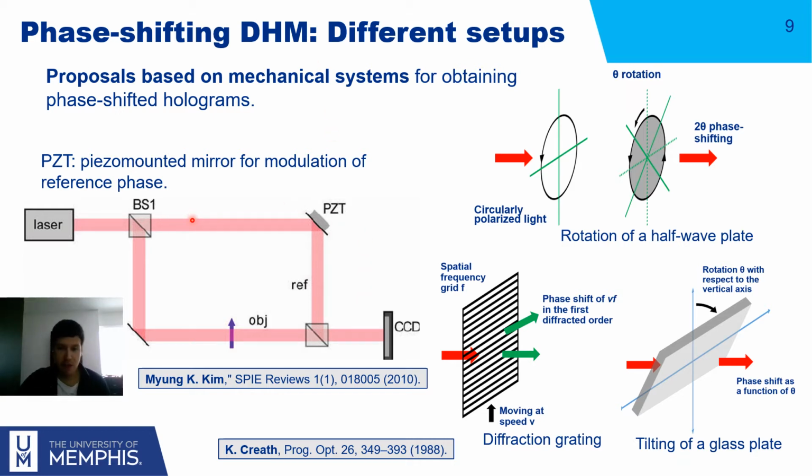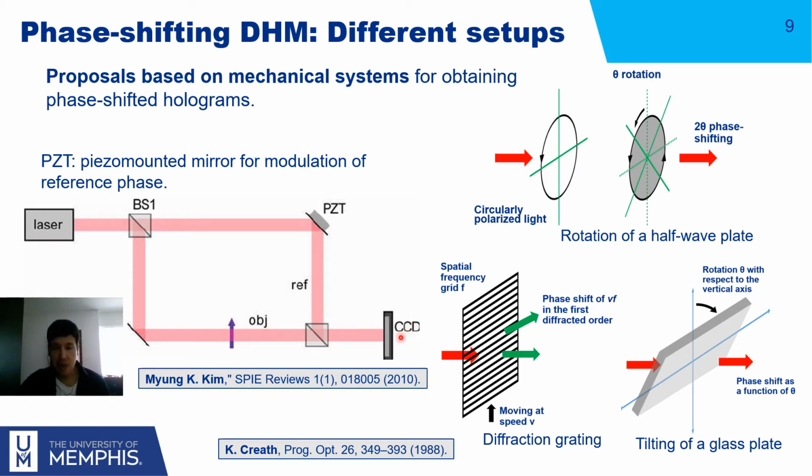I would say the most conventional one is the one that uses a piezoelectric locator or translation stage, in which the location of the mirror, in this case the mirror of the reference waveform, is controlled, so we can change the optical path length of this wave with respect to the optical path of the object wave that is kept constant.